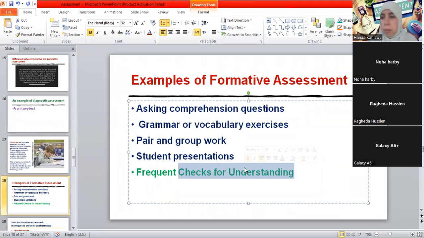Yes, I can do this, especially when we are working on a piece of grammar or a reading text. In the reading lesson, we check their understanding or their comprehension through the reading comprehension questions.